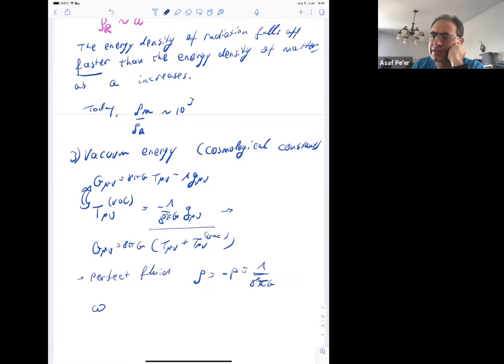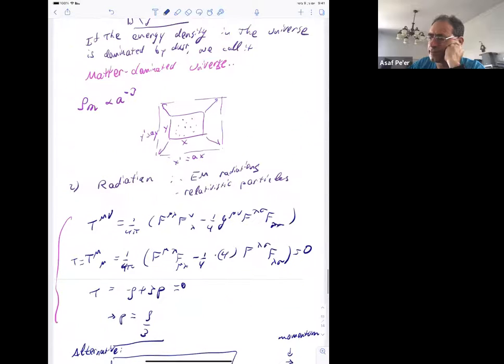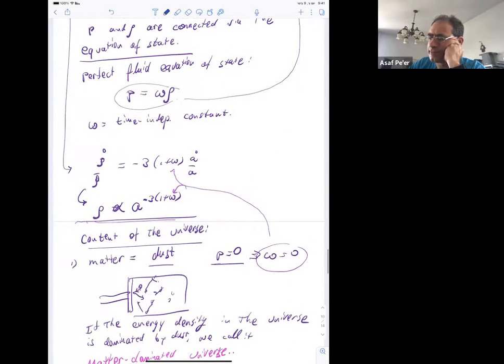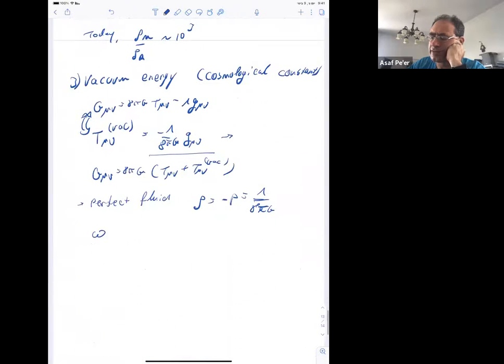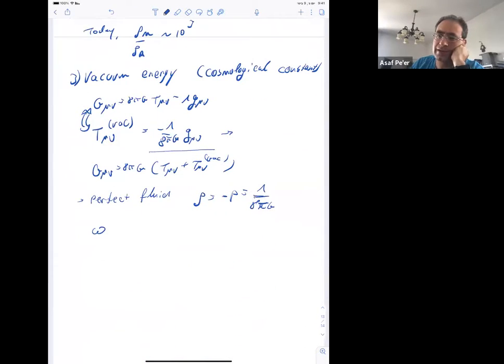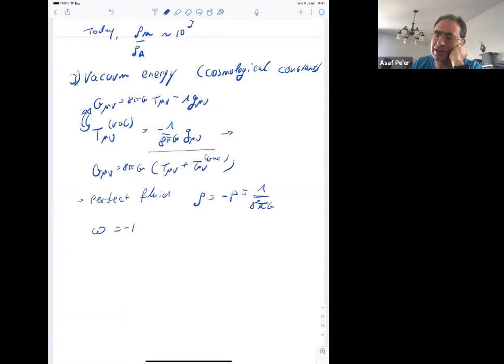P is equal to omega rho. What is omega? Minus 1. Yeah, minus 1. There is no gas or anything that you've ever seen that has this negative equation of state coefficient.